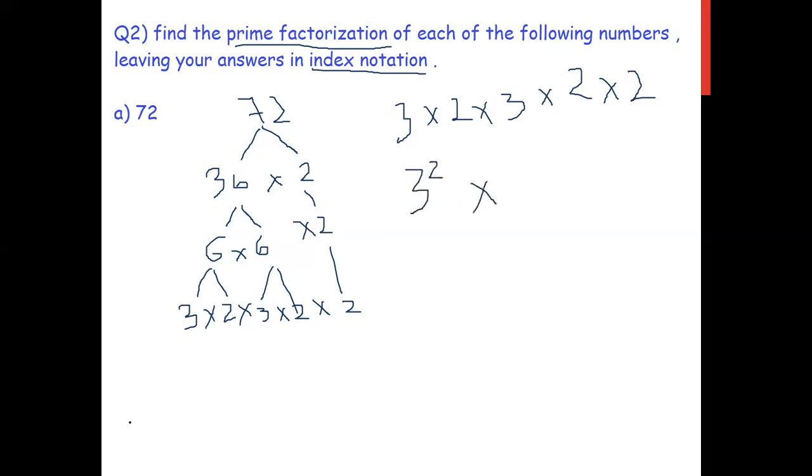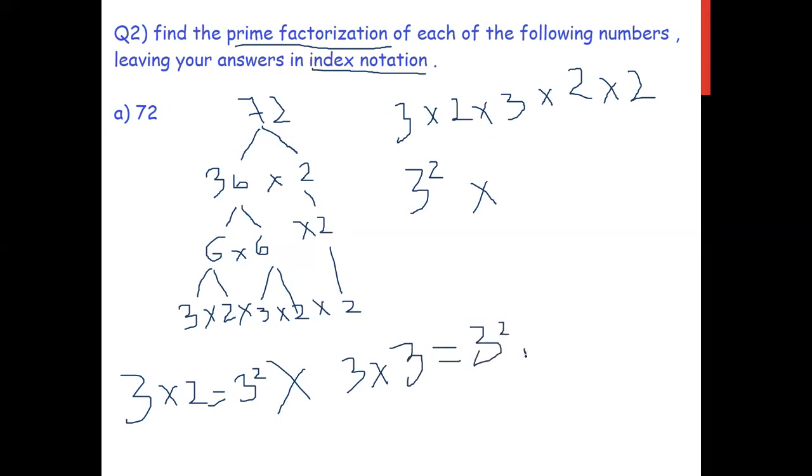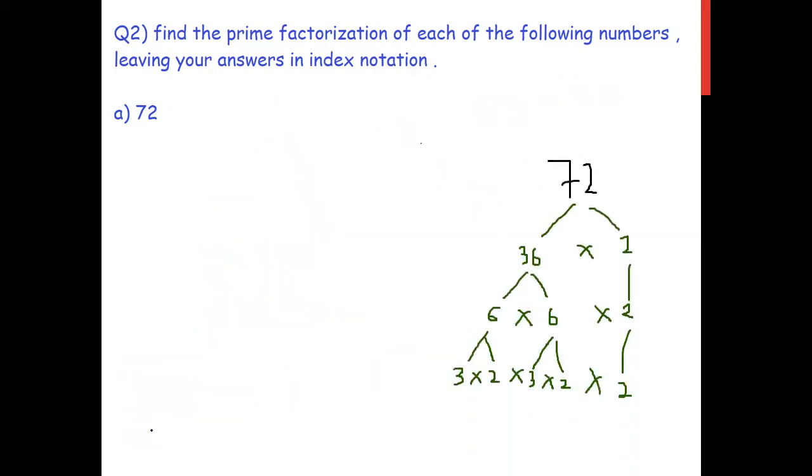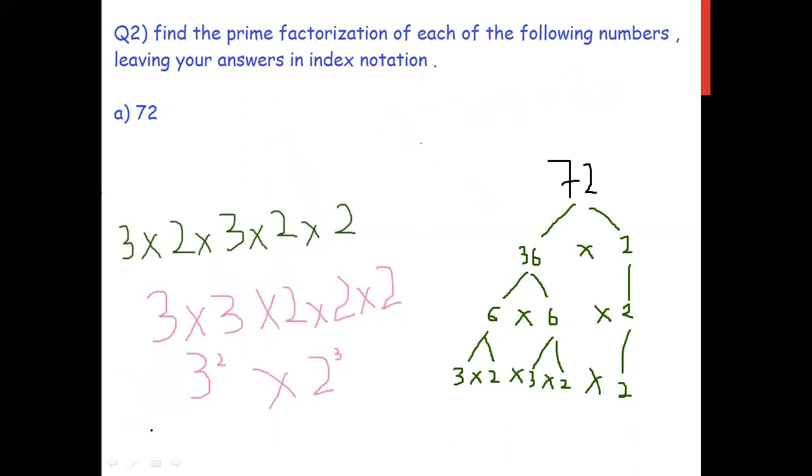Now 3 multiplied by 2 is not equal to this, but 3 multiplied by 3 is equal to 3 squared. That is correct. And 2 cubed. So this is basically what was important. Now see, our answer is absolutely correct.